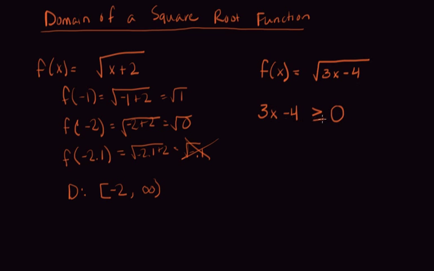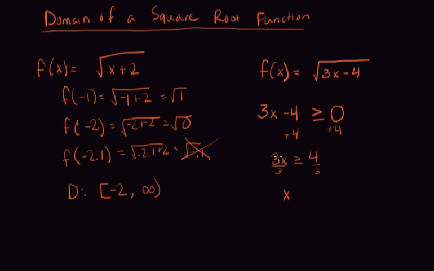Okay, so now if 3x minus 4 is greater than or equal to 0, I need to figure out what does that mean for x. So now I can just solve this. I'm going to add 4 to both sides, and I get 3x is greater than or equal to 4. Divide both sides by 3.